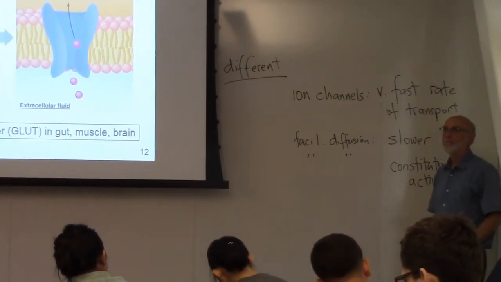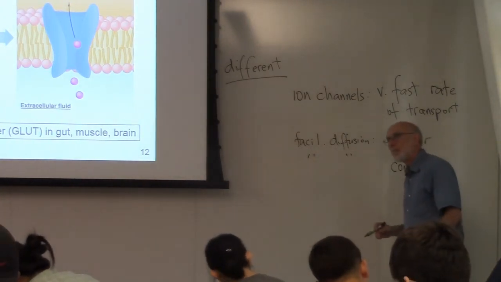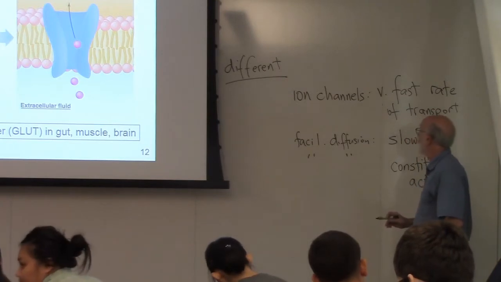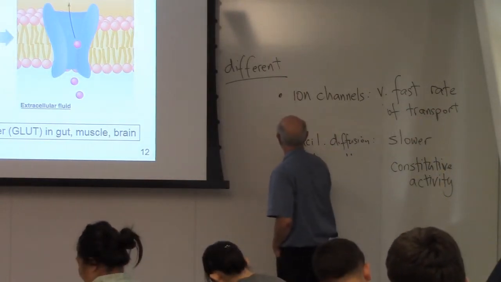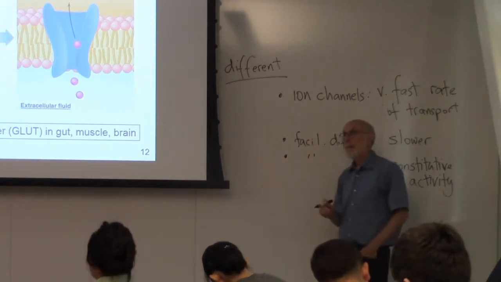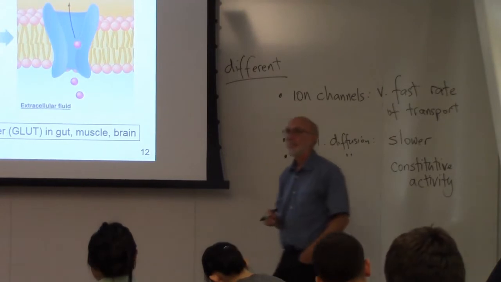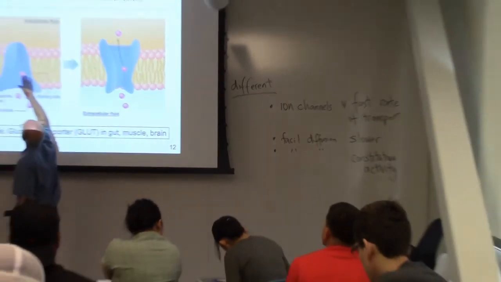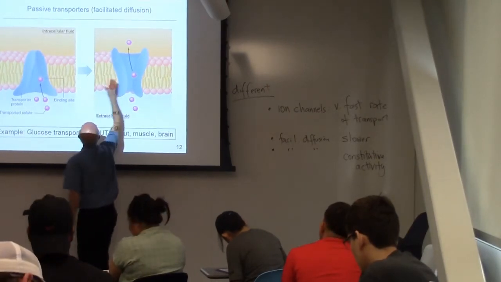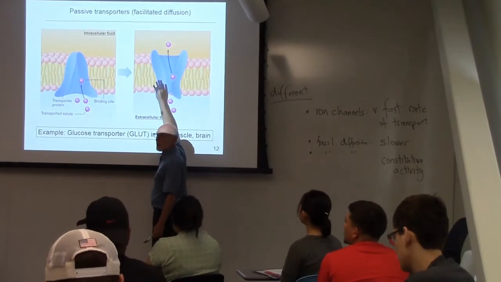Typically. Kendra? So, for example, for the facilitated diffusion transporter, it only conformationally changes when something binds to it. That's right. Okay. Well, that's kind of right. So when something binds, it undergoes the conformational change that allows the solute to go out.